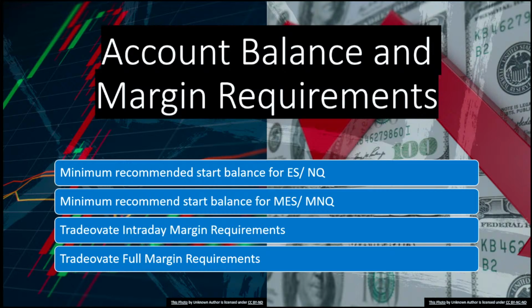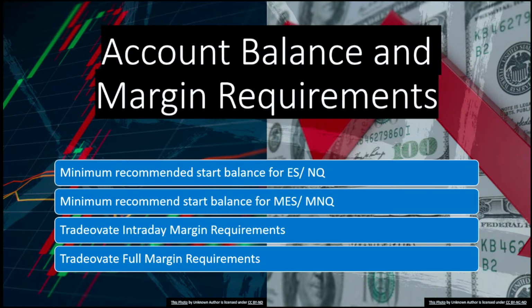This is not to start trading, but this is a minimum balance you have to have in your account to not get liquidated. So for ES, it's a minimum of $500. MES, minimum of $50. NQ is a minimum of $1,000. MNQ is a minimum of $100.